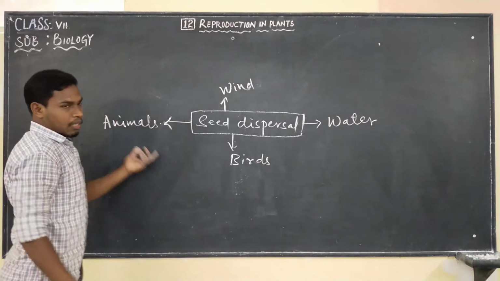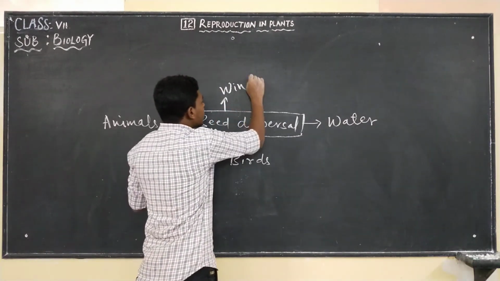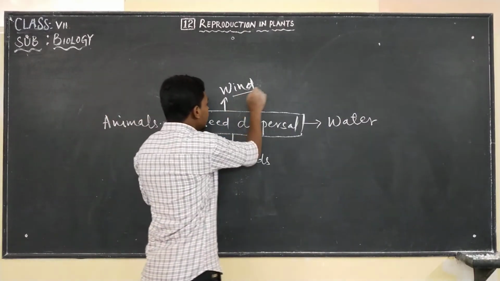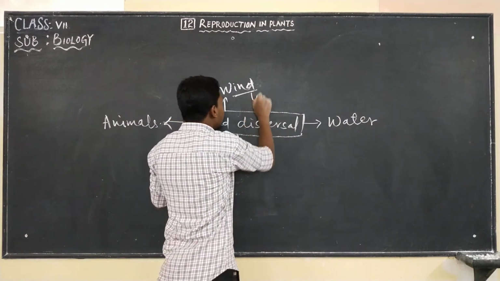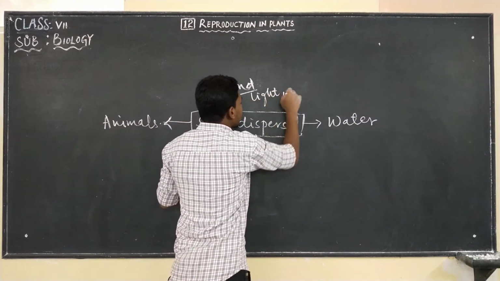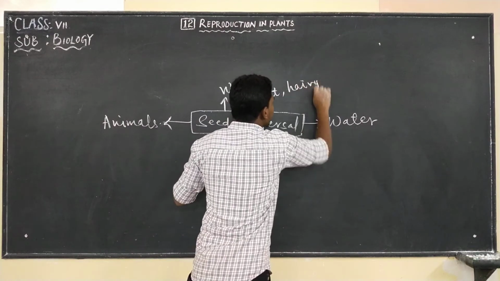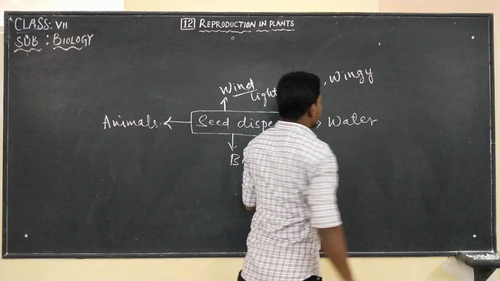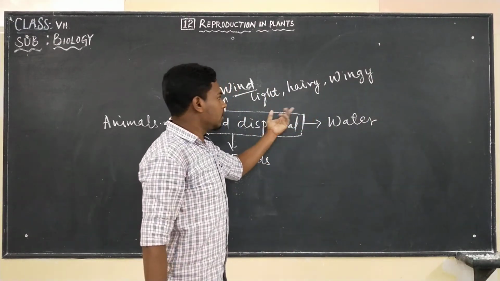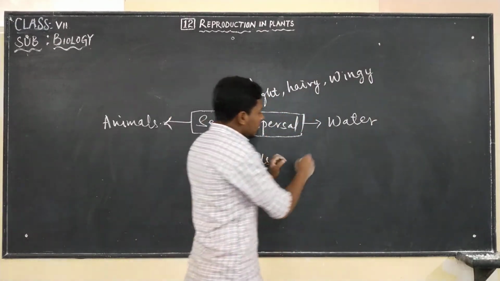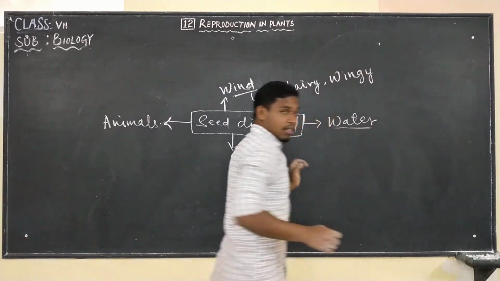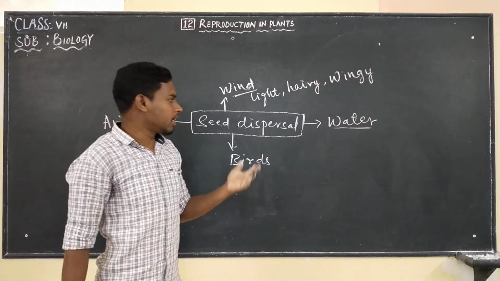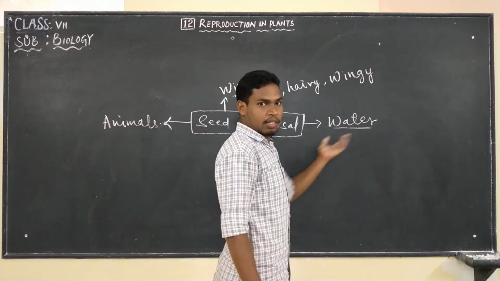Okay, animals. Through wind, light, heavy, and winged seeds can be carried from one place to another place. Seeds that are having wing-like structure can be carried by wind. And by the help of water, the seeds that have the ability to float on water can be carried by water from one region to a different region.